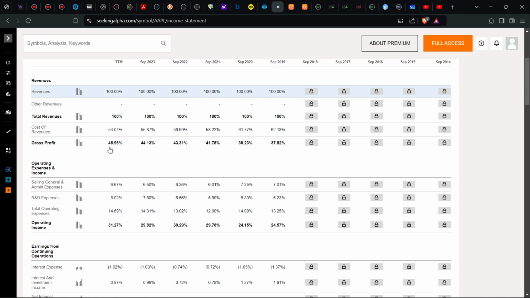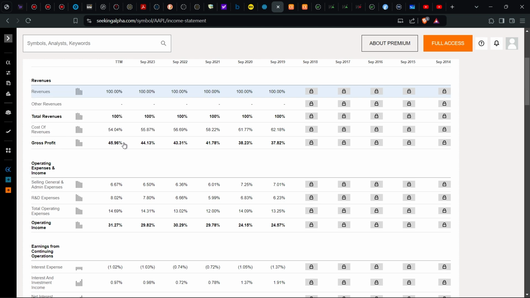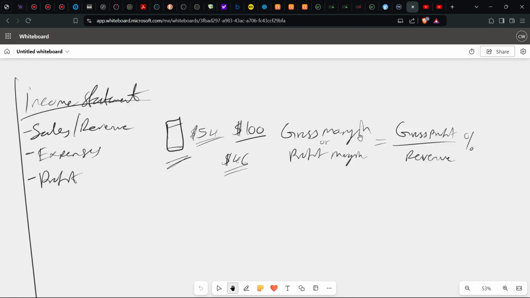There's a name for this number. This is not the gross profit. When it's a percentage like this, it's called the gross profit margin. Gross margin or profit margin, which is the gross profit divided by the revenue as a percentage. So that's the gross margin or profit margin.